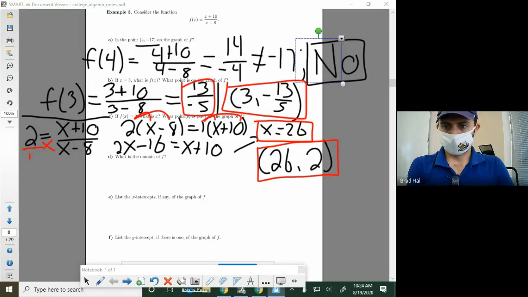Okay, so we have found 2 points on the graph, (3, -13/5) and (26, 2). Let's move on to the domain.